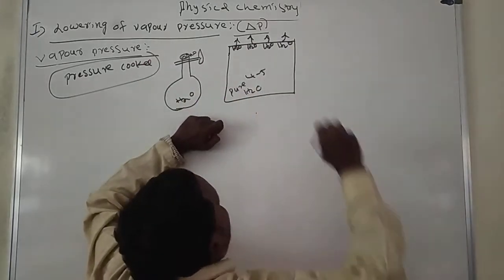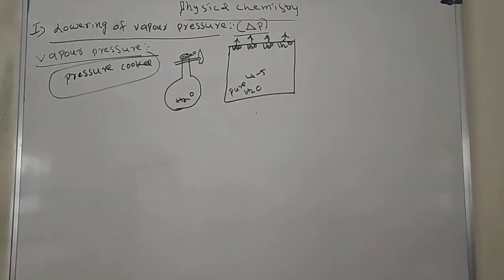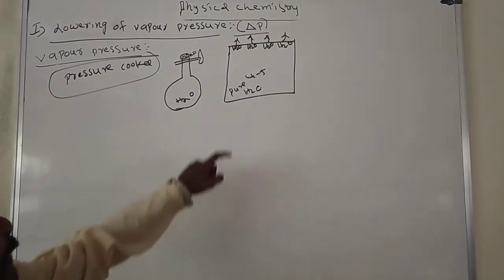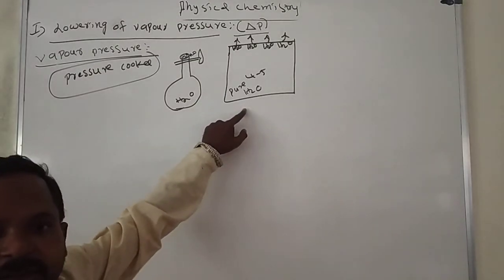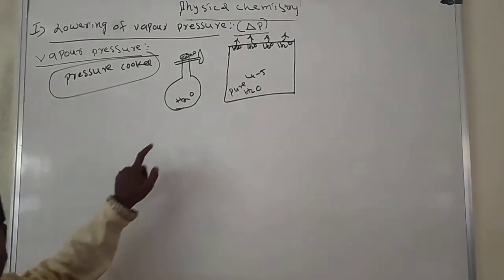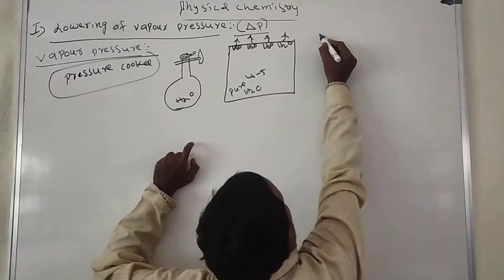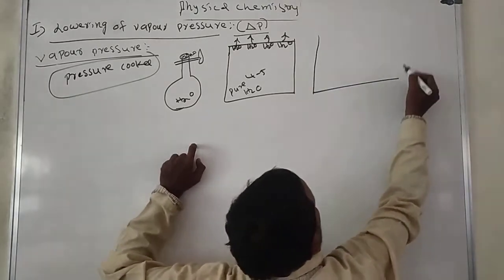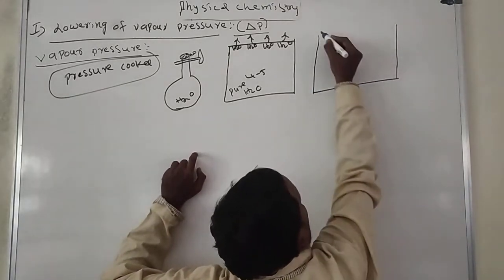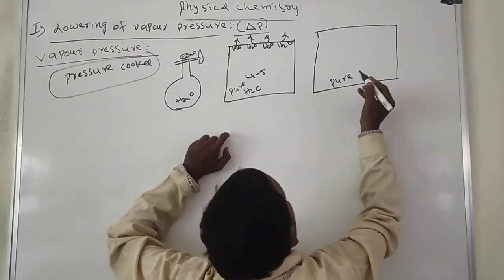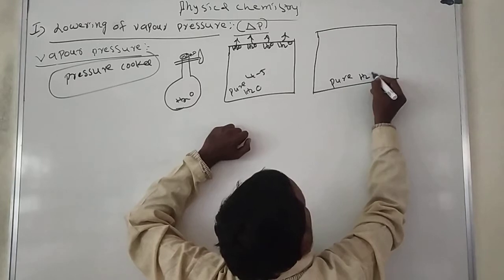That pressure we call vapor pressure. The vapor pressure of the pure liquid, pure solvent, decreases by the addition of non-volatile solute. This is called lowering of vapor pressure.